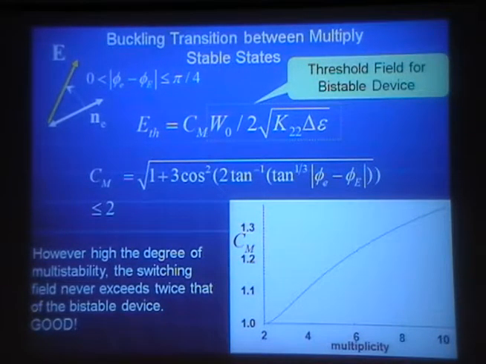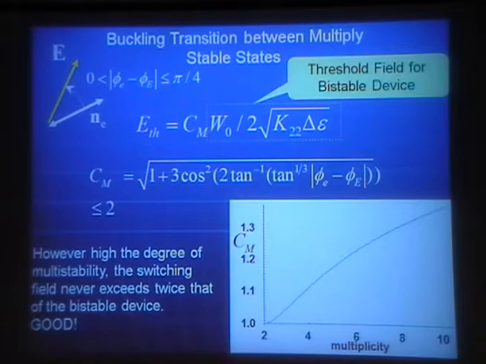So the next question is how much multi-stability we can really practically achieve in terms of the increase of threshold for switching voltage. And the answer is we can very safely go much more beyond tri-stability, because there is a maximum bound for the voltage for switching.